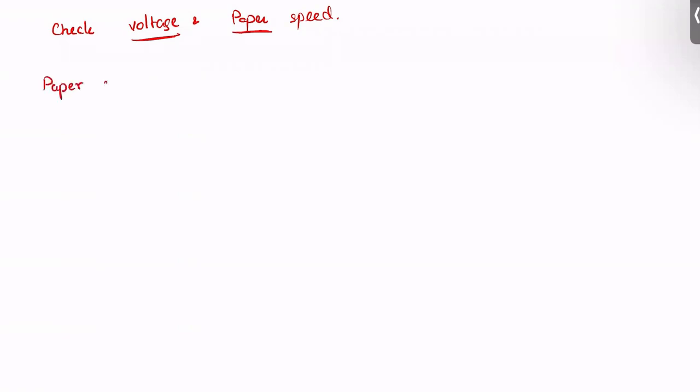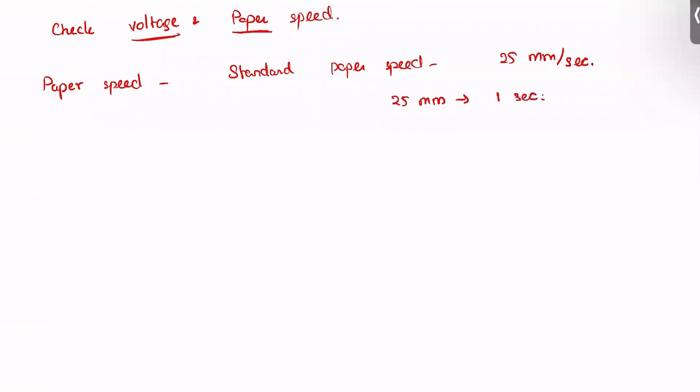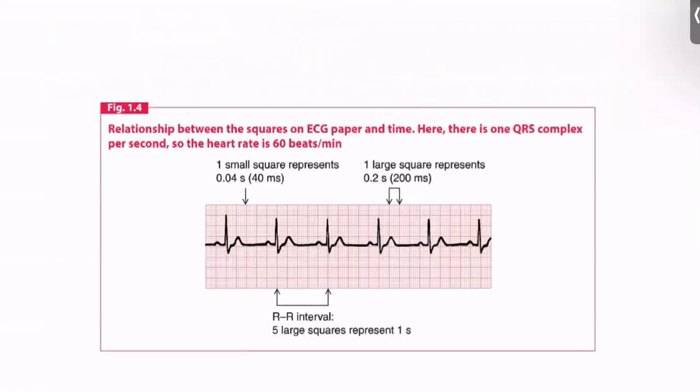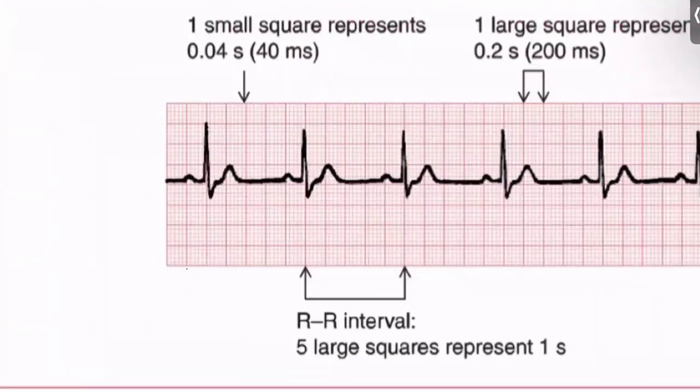Usually the standard paper speed for every ECG is 25 millimeter per second. So that means 25 millimeter in 1 second. So 1 millimeter is 1 by 25 seconds, that means 0.04 second.